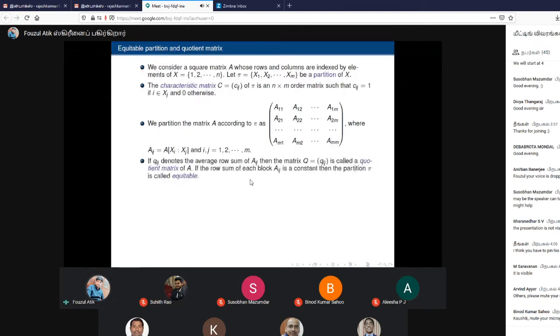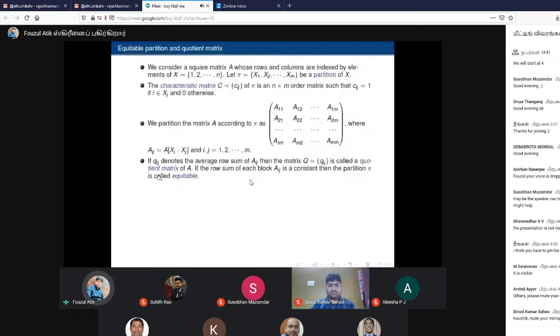Now, let Q_ij denote the average row sum of the block A_ij.